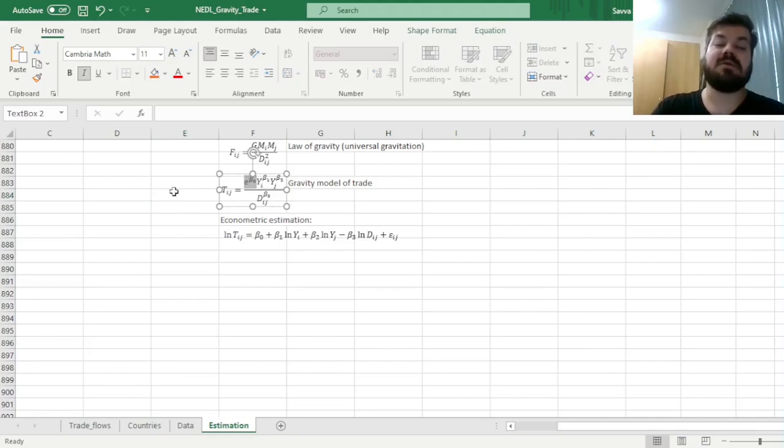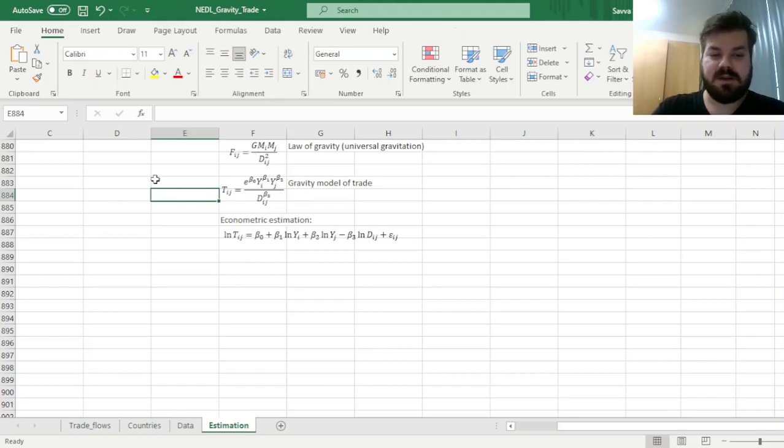Here it is parameterized as the exponent of some constant, and y we'll touch upon slightly later, times the product of the two masses raised to some powers, beta 1 and beta 2, so y_i and y_j would be the GDPs of country i and country j, and then it is all divided by the distance between two countries raised to the power of beta 3.